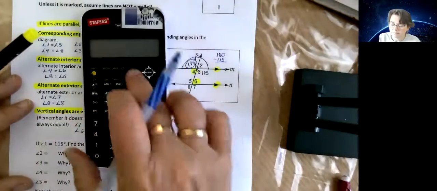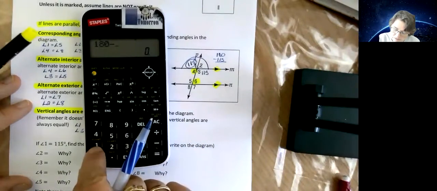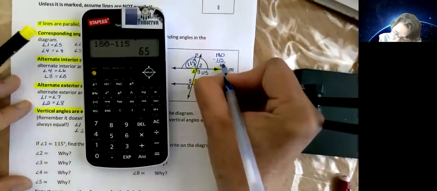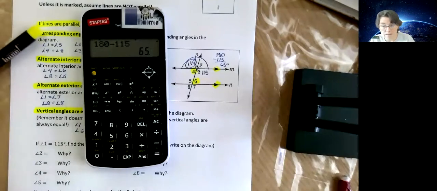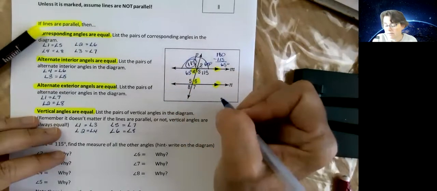Those are supplementary. 180 minus 115 is 65 degrees. Probably could do that in my head, but honestly, it's so embarrassing when I do my math wrong in a video. So that's going to be 65 degrees. So then angle 4 is going to be 65 degrees because those are vertical angles.